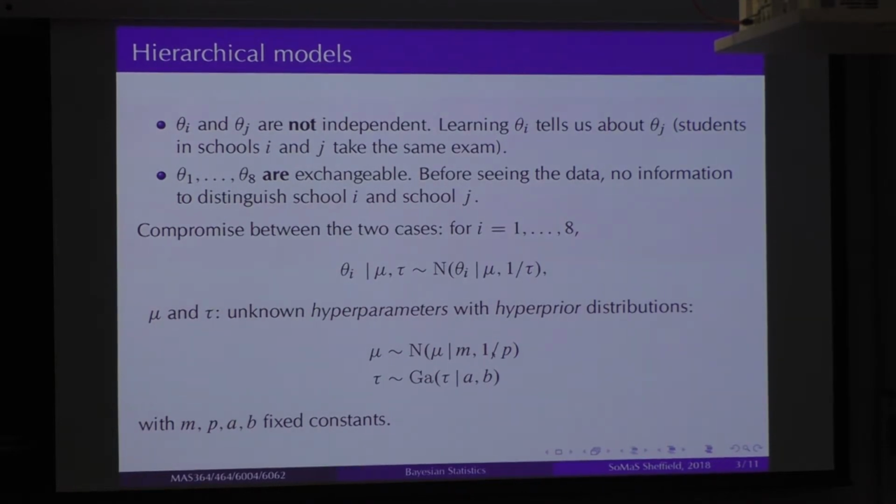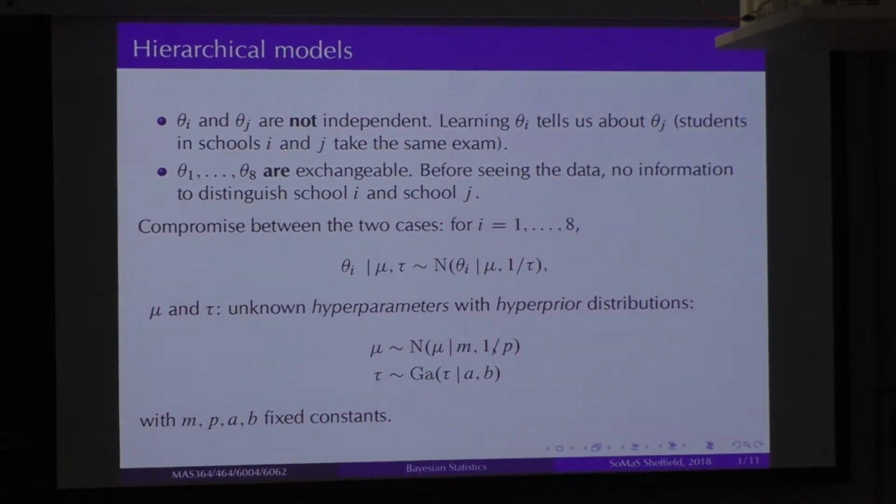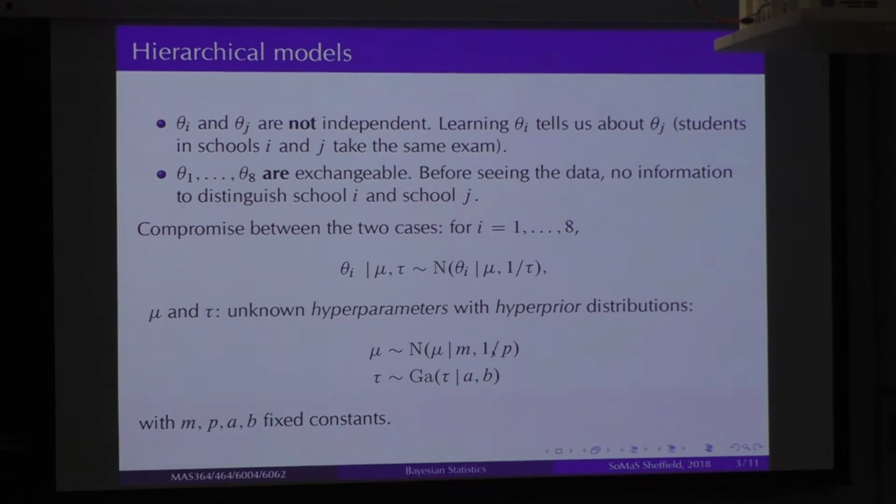And this is what we call, in general, a hierarchical model. So we have layers that control different parameters and mean different things depending on the population scheme that we have. So on the top level, we have the observations, and we are assuming that these observations are related somehow. In this particular case, they have the same distribution. There are different effects for each school, but they come from the same distribution. So they come from a normal population.